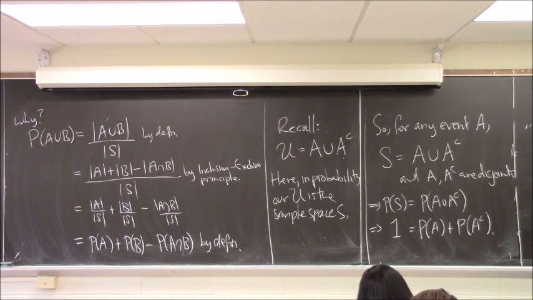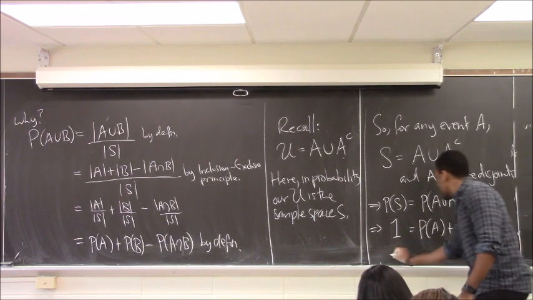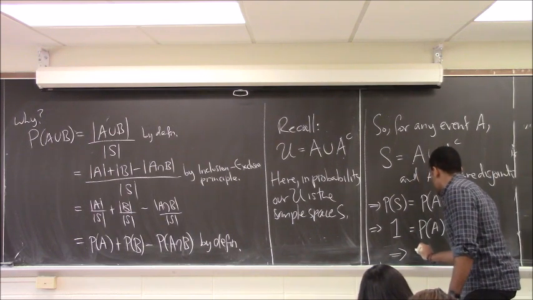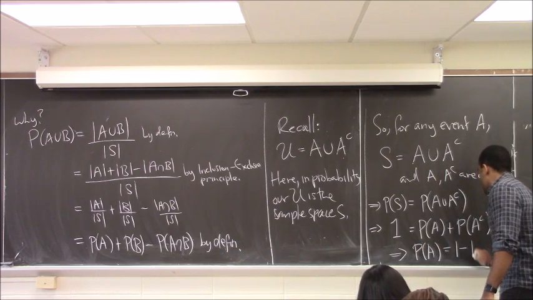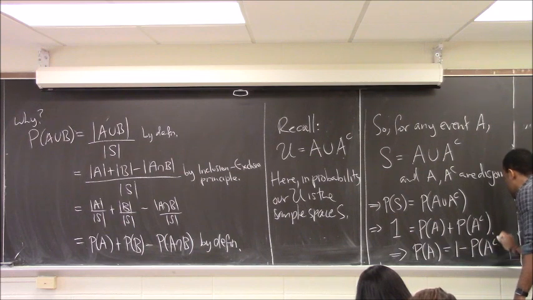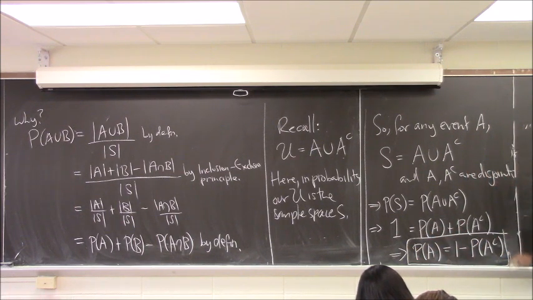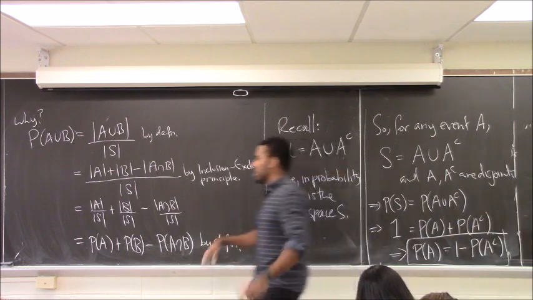And this tells you how you can find something in terms of that thing not happening. So this means that the probability of A is 1 minus the probability of A complement. This is a very important equation. It is called the complement probability equation.